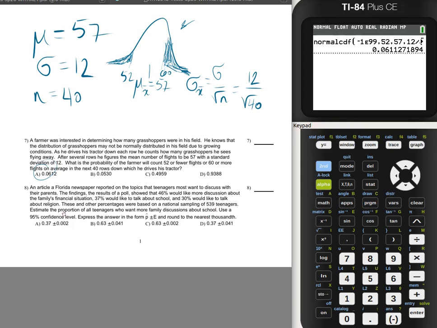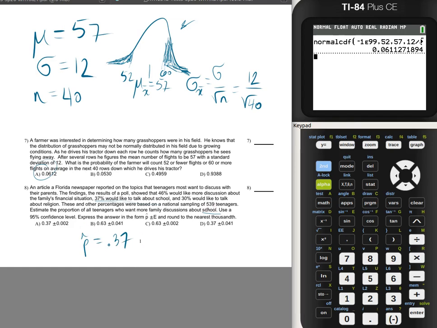We're trying to estimate the proportion of all teenagers who want more family discussions about school in particular. The school one was 37%, so we have a point estimate p hat of 37%. I'll just write it as a decimal, 0.37.